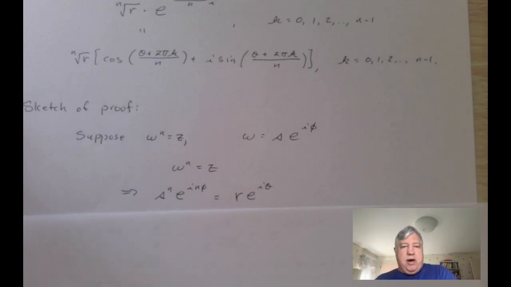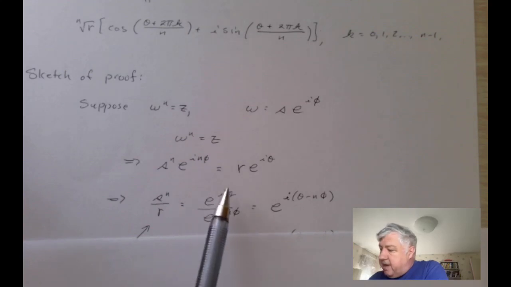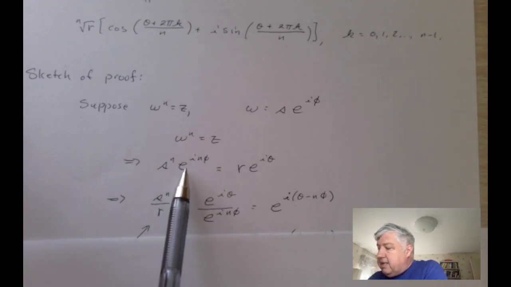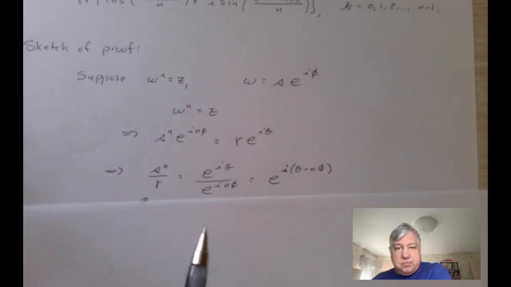We know that from De Moivre's theorem, or by the properties of exponents for complex numbers. So we can divide both sides by r, and also by this power of e, and so we get this expression.